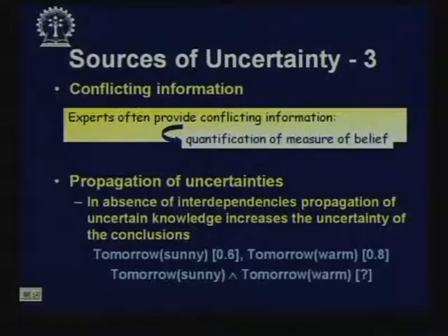So, another doctor can say, well, I am 70% sure that this patient is suffering from some other disease. Maybe both the diseases may be there in the patient, or either of these experts may not be correct. So, that is the reality. So, experts often provide conflicting information.